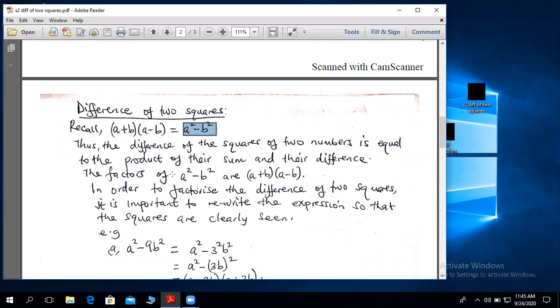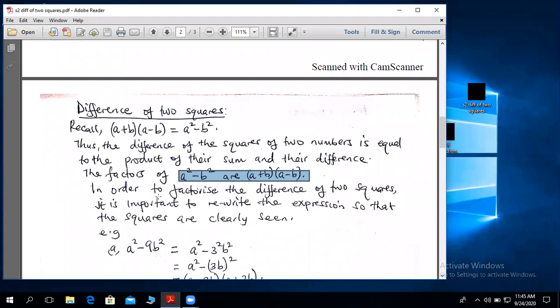That's why I'm saying, therefore, the factors of A squared minus B squared, since this difference of two squares is equal to (A plus B) times (A minus B), are A plus B and A minus B. This is very, very important.